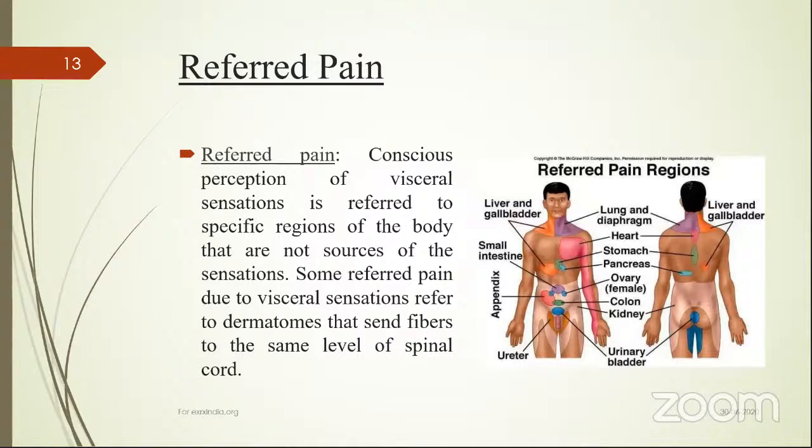So it's a conscious perception. Referred pain is a conscious perception of visceral sensation, because the viscera share the same segmental supply with the dermatome. For example, if it is L2 L3, then the L2 L3 skin dermatome will show pain.